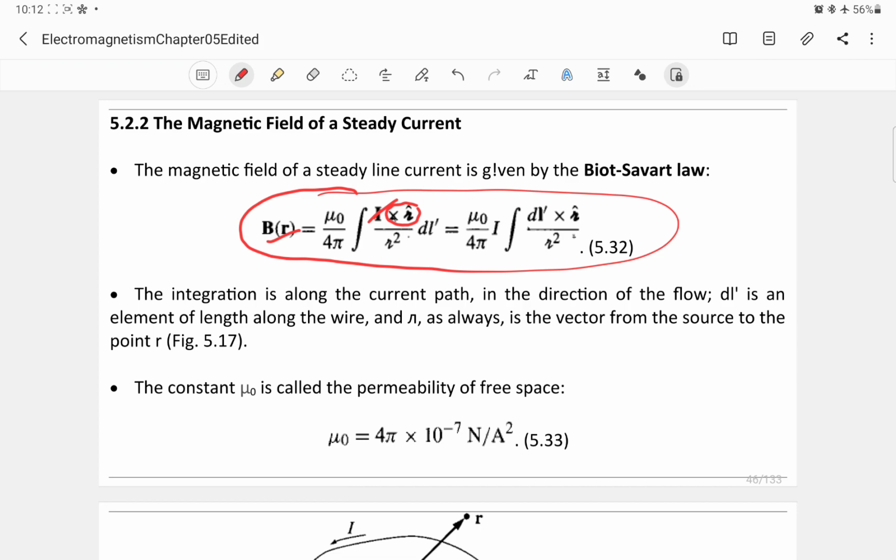If it's perpendicular, then the sine of the angle is just equal to 1.